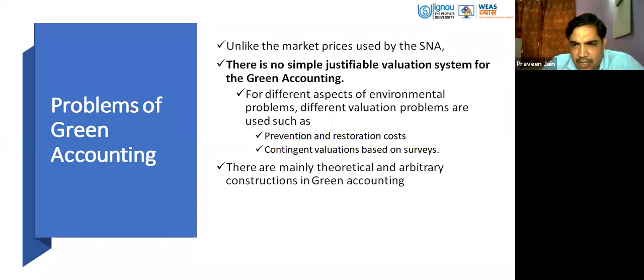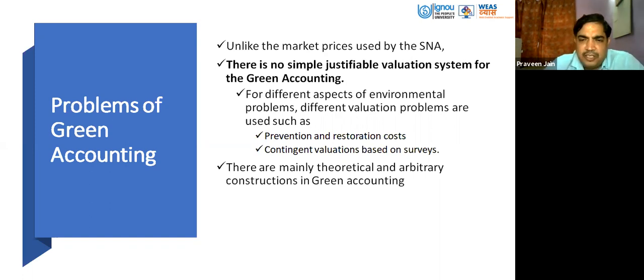Prevention and restoration costs is basically a market-based approach, or there may be the contingent valuation method. For resources which do not have a market value, which are not marketed, we may use the contingent valuation method. So there are different methods, and there is a lot of theoretical and arbitrary construction.